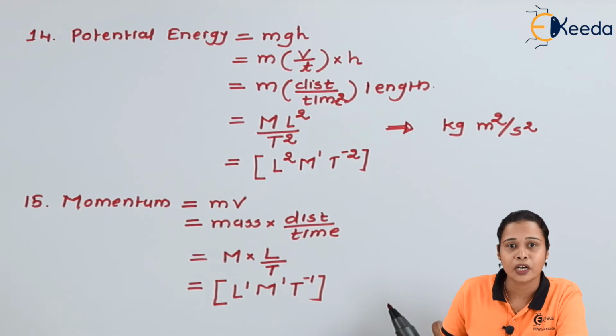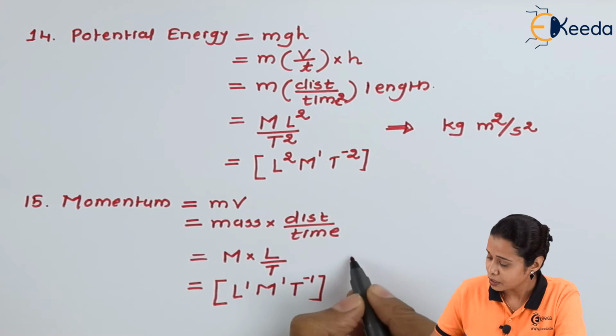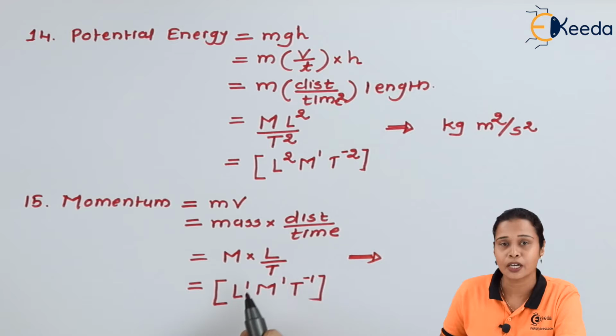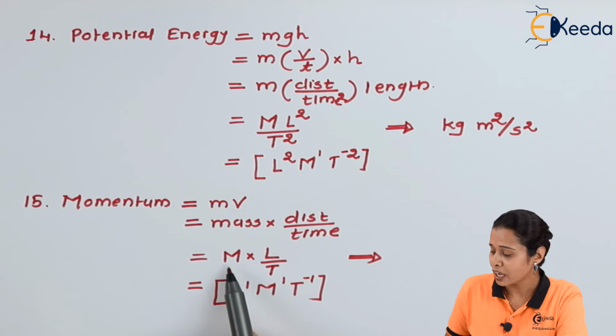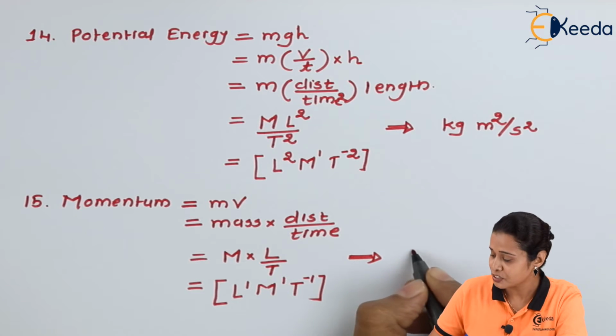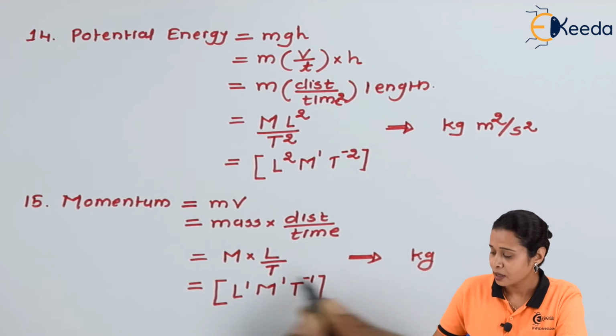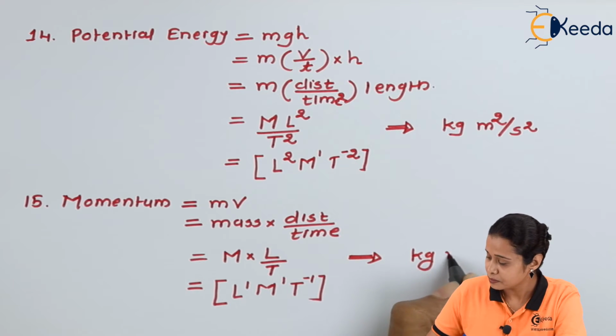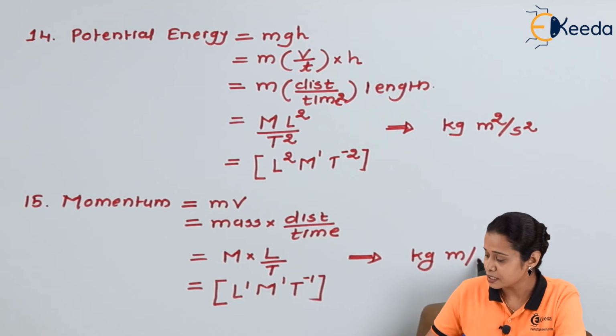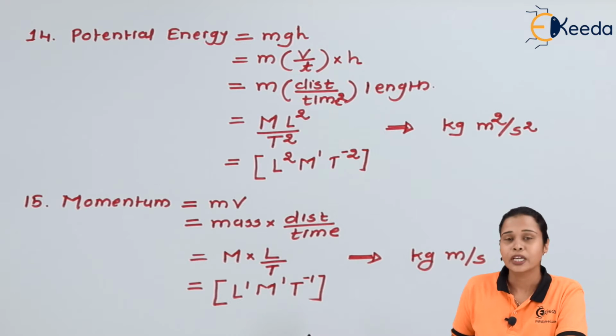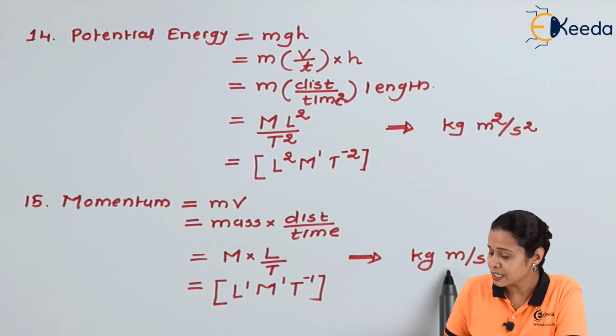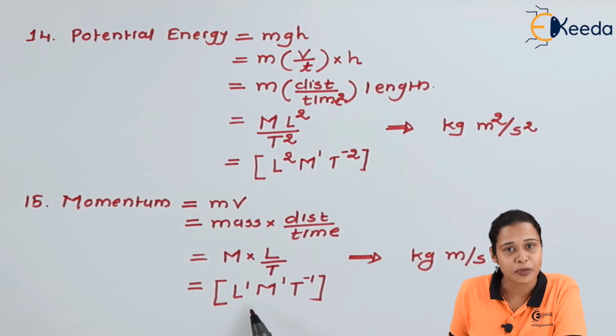And if you want to write the units of momentum, from this equation we can write the units. m is mass, that is kg. Length is meter and T is seconds. So in this way we can find the units as well as the dimension of momentum.